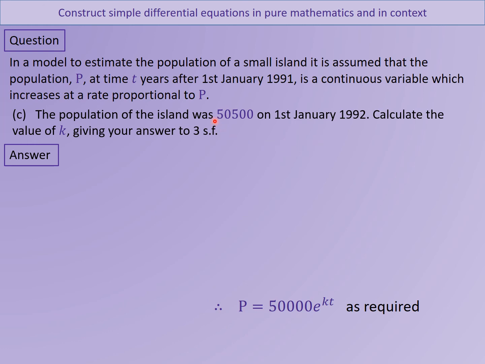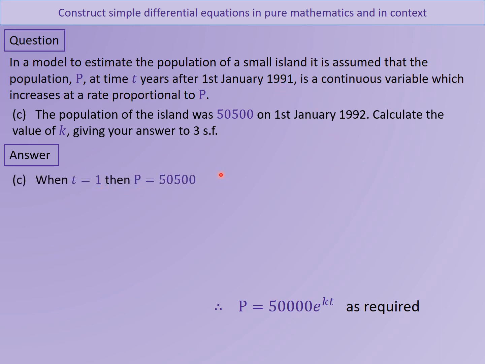So I've got P equals 50,500, but the t value, let me just double check, is the number of years after the 1st of January 1991. Now this is talking about the 1st of January 1992, so that is just one extra year.